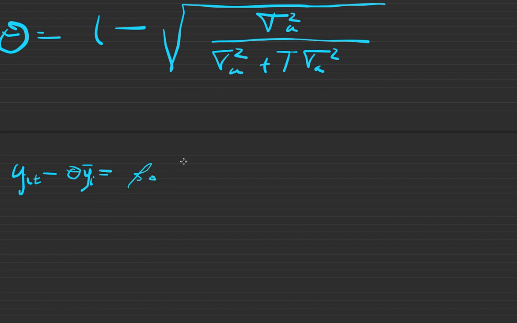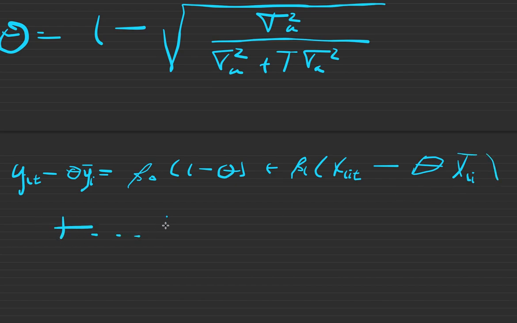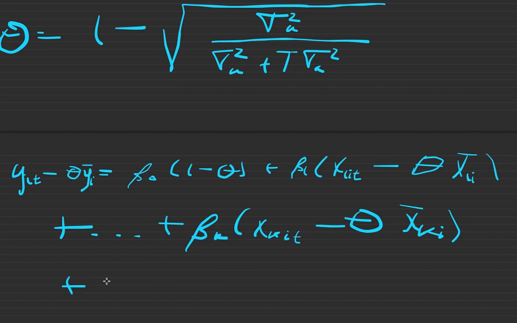This is equal to beta naught times 1 minus theta plus beta 1 times x1_it minus theta times x1_i bar through beta k times xk_it minus theta times xk_i bar plus v_it minus theta v_i bar.